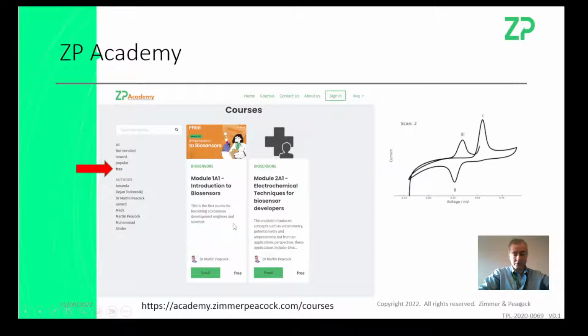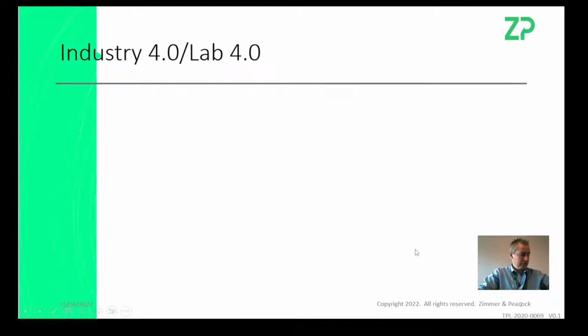It has a couple of free courses on it. So if some of the techniques like voltammetry that I'm going through today are not super familiar to you, you can have a look at the Academy courses, and they are free.